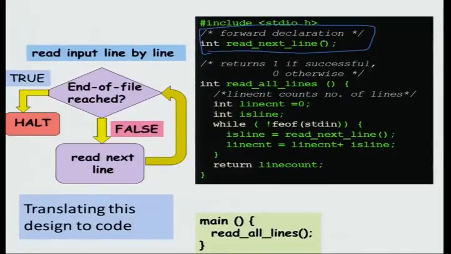Basically, it is taking no arguments and it will return an integer value, and I will terminate that statement by using a semicolon, which says that I will currently just say the type of the function, and I will define the function later.